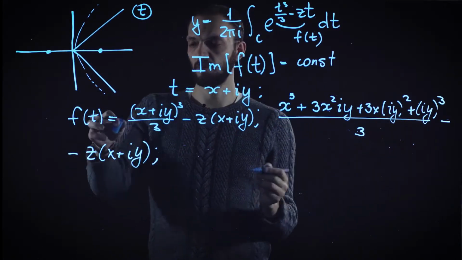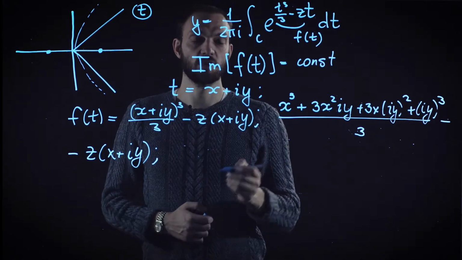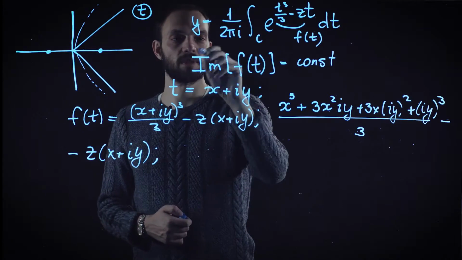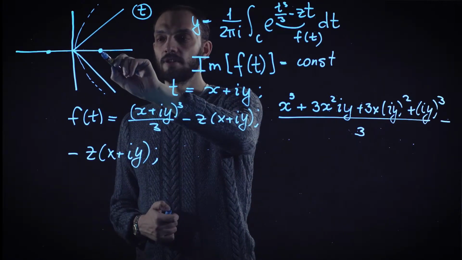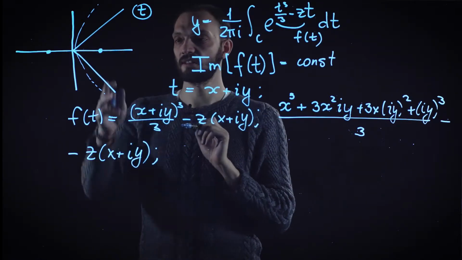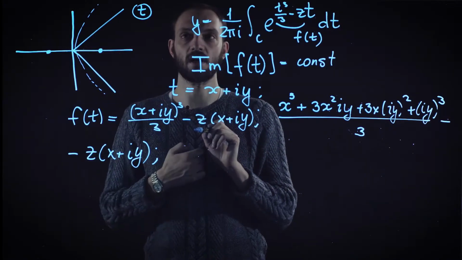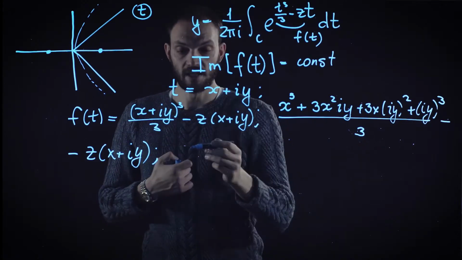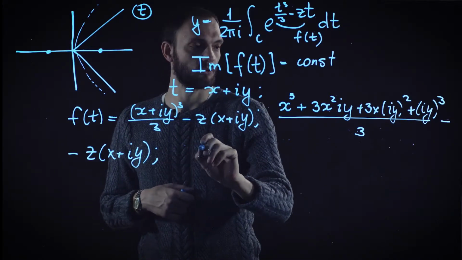This is nothing but the imaginary part of f of t, and we need to find a curve in the complex plane such that the imaginary part of f of t coincides with its value at the saddle point. And since the saddle point is on the real axis now, the imaginary part of f of t at this point is exactly 0. So the equation which we need to solve is the following.